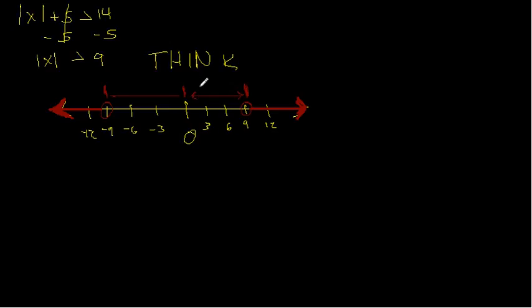Well, this is 9 units apart from 0. Or a better way to say that, this distance right here is 9 units. So x is greater than that portion. Also, this distance is 9 units. So x is going to be a greater value than 9 units in this direction.